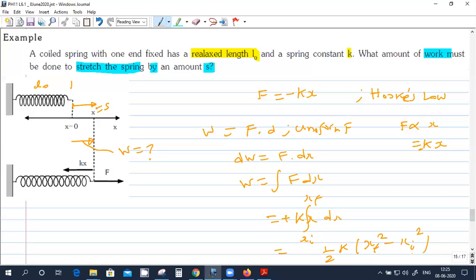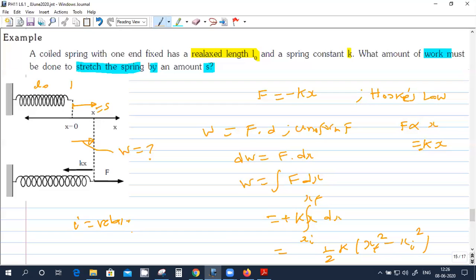And if you take xi as 0... Sir, how will we take xi equal to 0? You're stretching this. The initial condition is the relaxed condition, right?